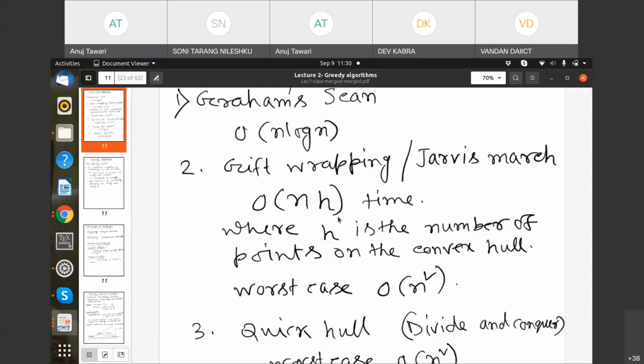For some cases, let's say there are only a constant number of points on the convex hull, it is quite possible. You can have just a triangle such that all the other points are inside the triangle. So in some cases you will get a linear time, but in the worst case it will go up to n square.